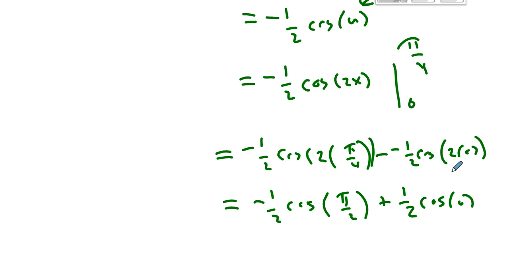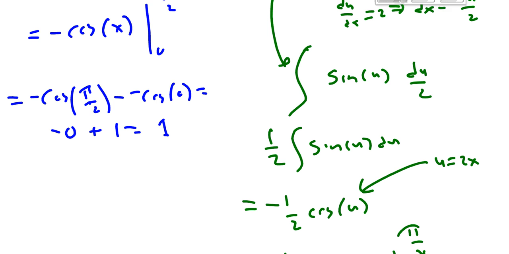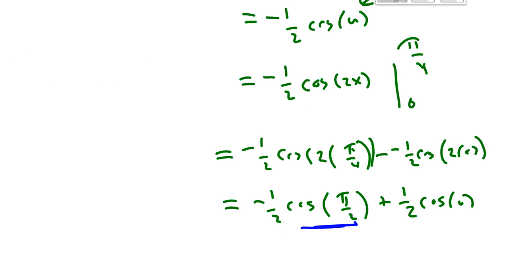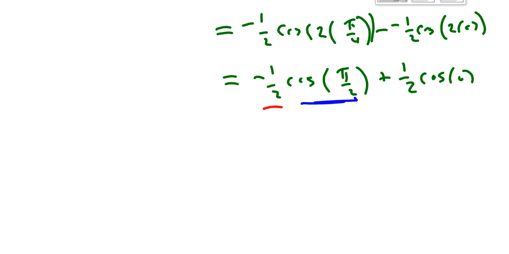Now this should be pretty familiar. If you look at this term here, and you go up over here, hey, that's the same thing. The difference is this had a coefficient of -1, and this is a coefficient of -1/2. And cosine 0 is just 1. So when you're finished here, you end up with -1/2 times 0 plus 1/2 times 1, or just 1/2.